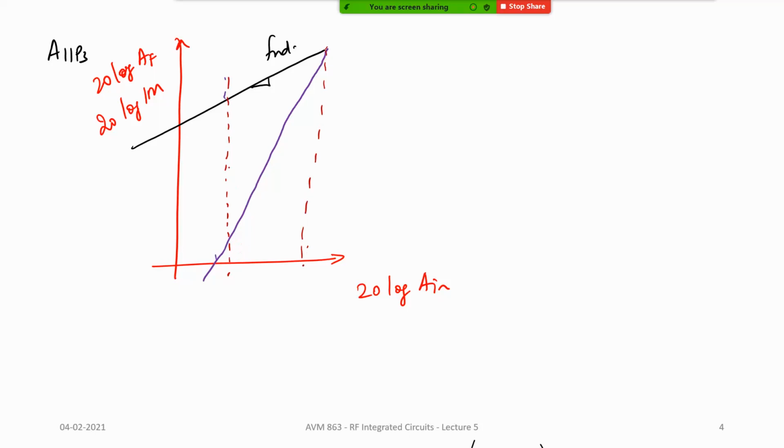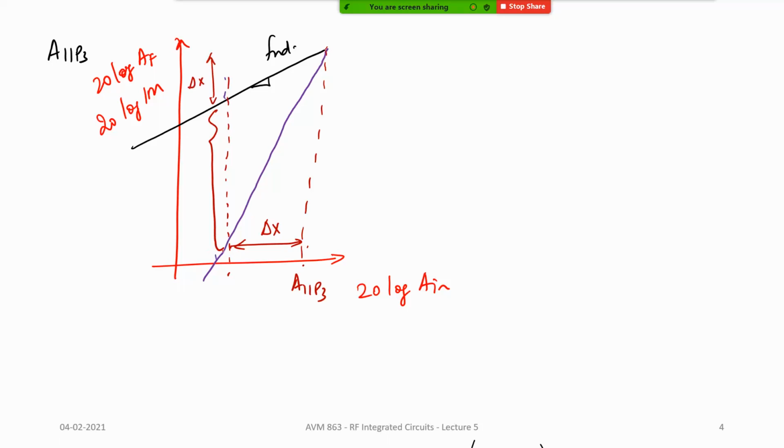Now if this is your delta P, and this is your AIIP3, let's say you have come down from the AIP3 by some delta X. Then the fundamental output also would have come down by the same delta X, because the slope is 1.